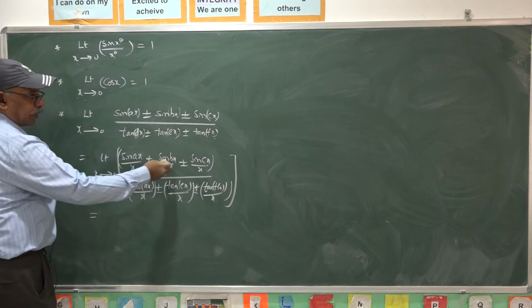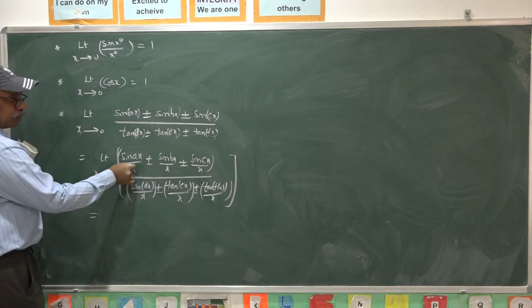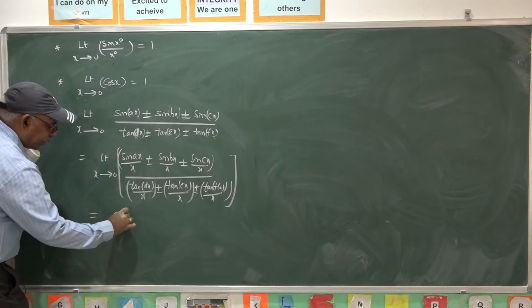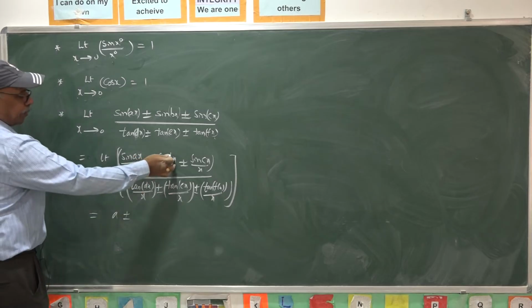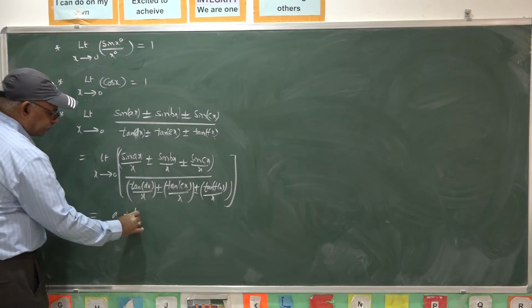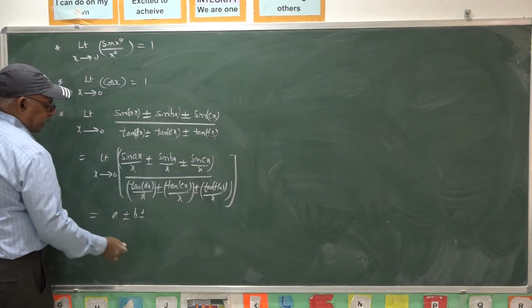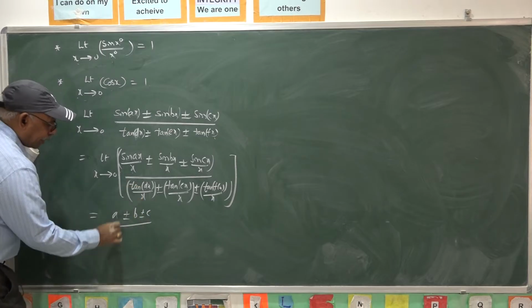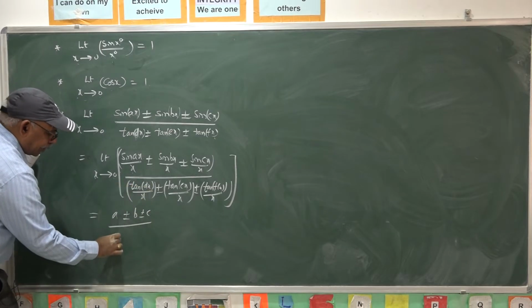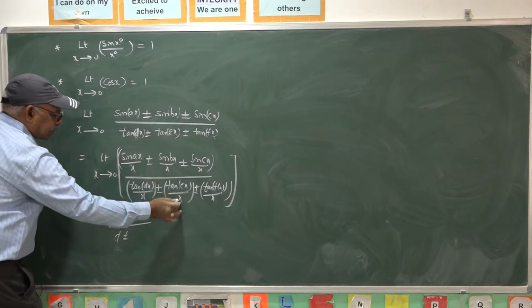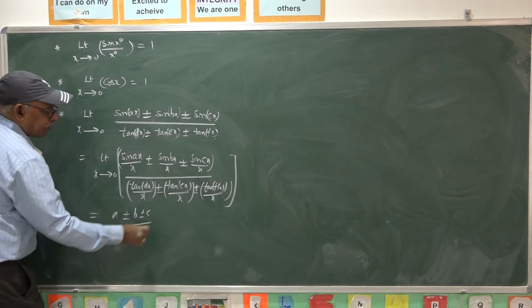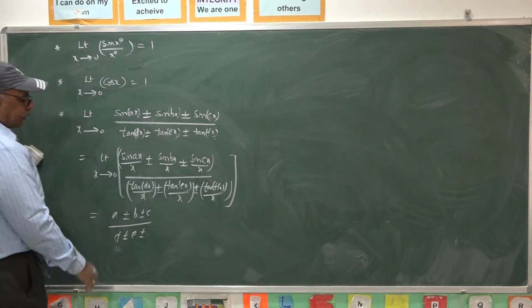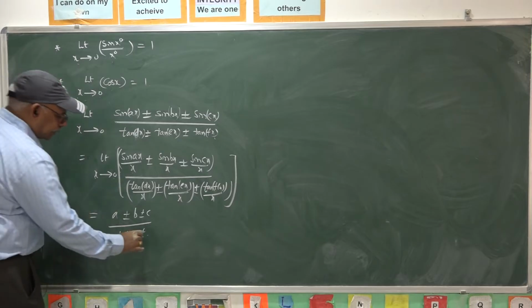Sin ax by x as x goes to 0 is a, sin bx by x is b, sin cx by x is c; similarly tan dx by x is d, tan ex by x is e, and tan fx by x is f.